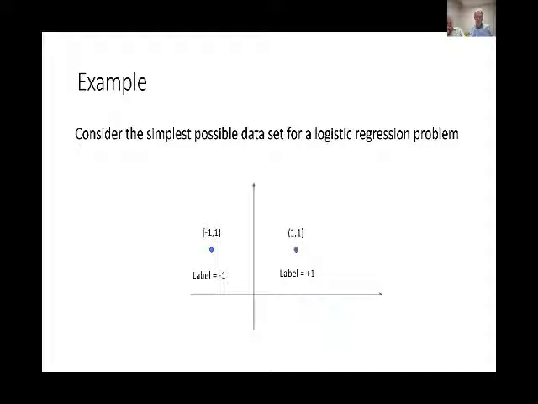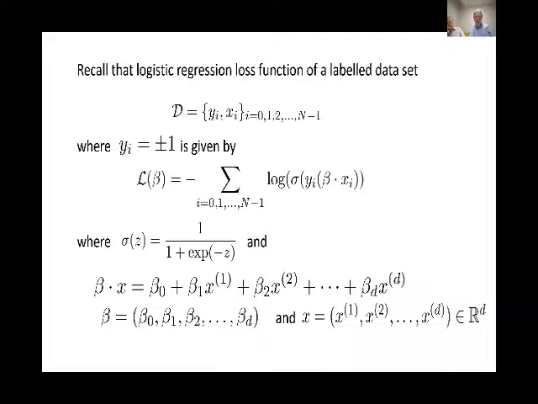We want to do a logistic regression. So we would have to write up our logistic regression loss function, and that is what we defined last time here. The logistic regression loss function, when we have a labeled data set, so this is a general framework here.